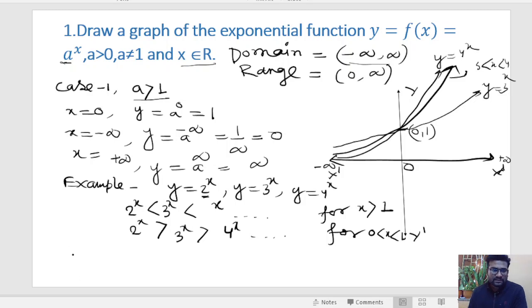Okay, and case 2, for the value of 0 less than a less than 1, the function a to the power x is a decreasing function, because on putting values into the function, the values of y decrease. So this is how to draw the graph of the exponential function.